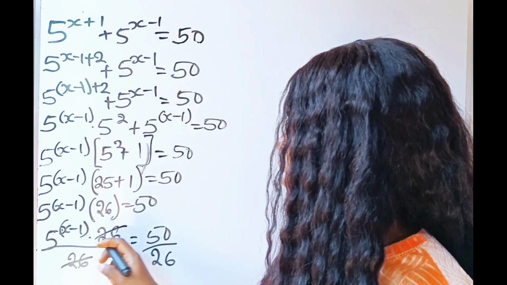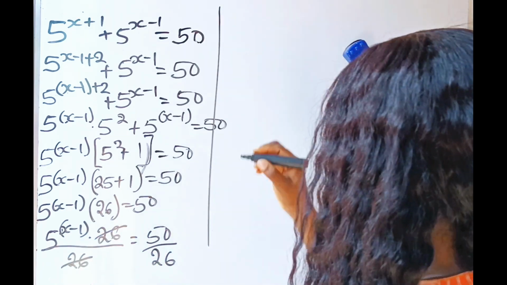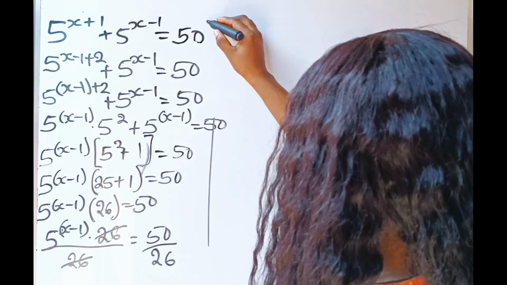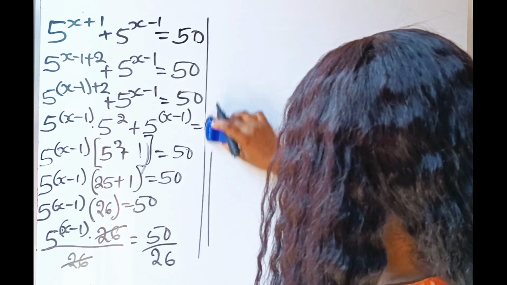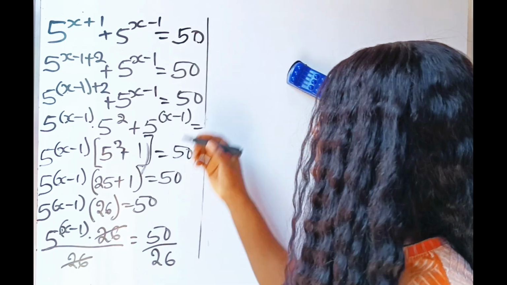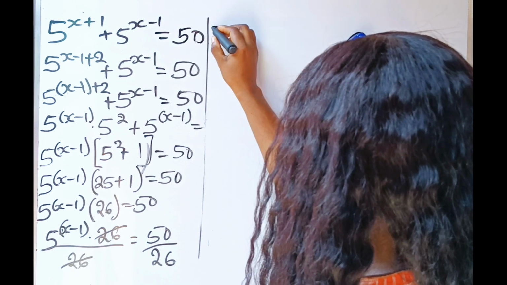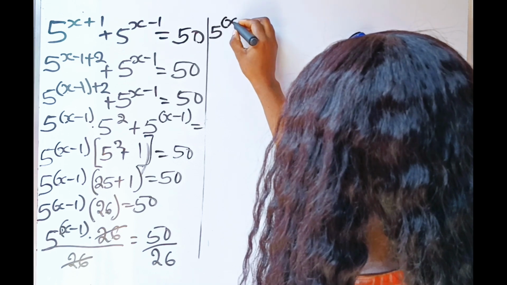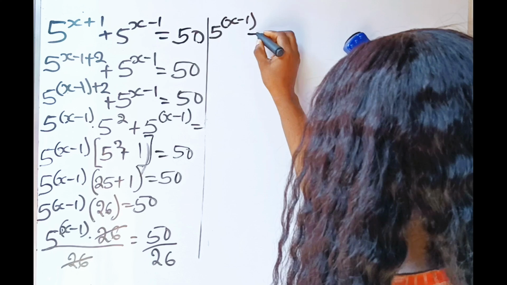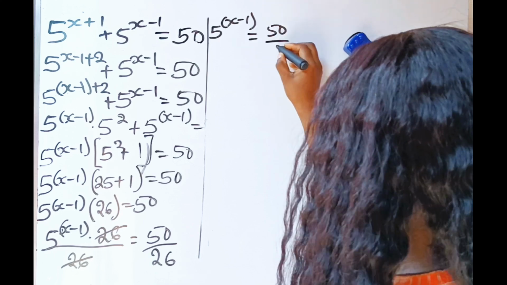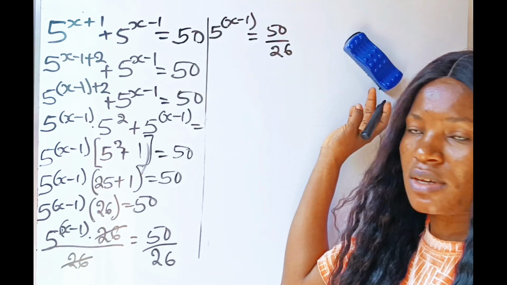Now we cancel this 26, and we have 5 to the power of x minus 1 is equal to 50 divided by 26.